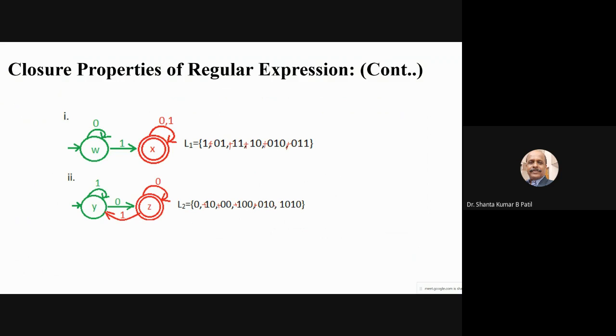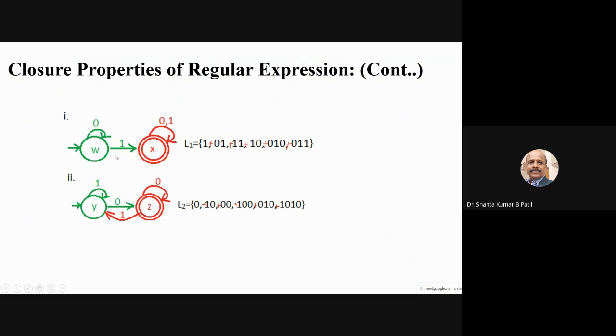Or you can take the language. So in order to perform the union operation, we need to find the regular expression or language of this machine, then the regular expression or language of the other machine.